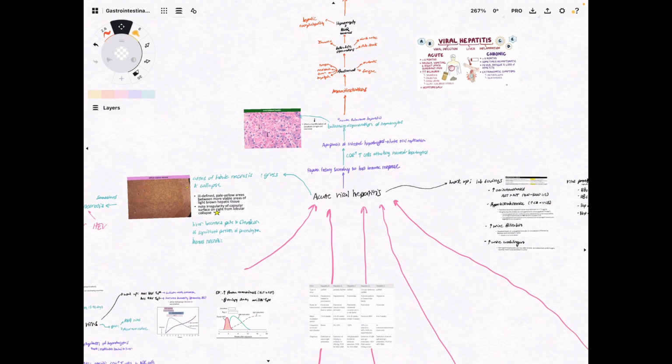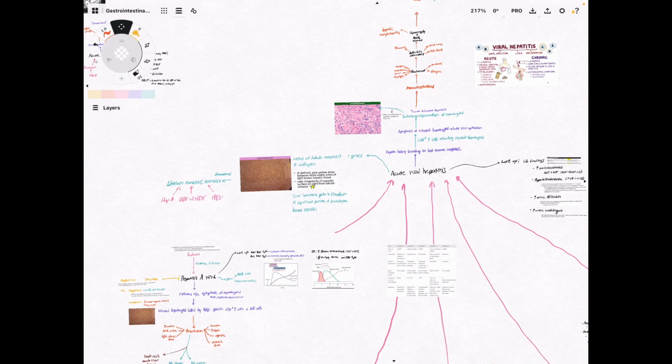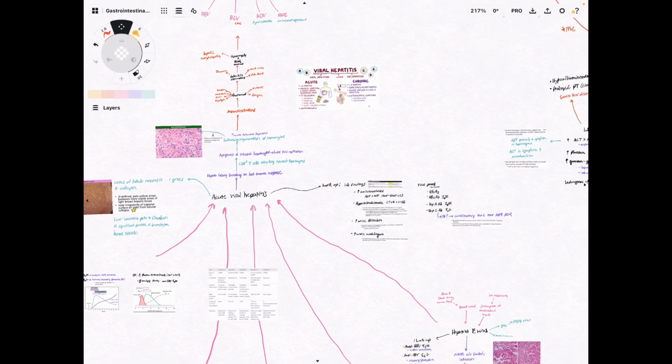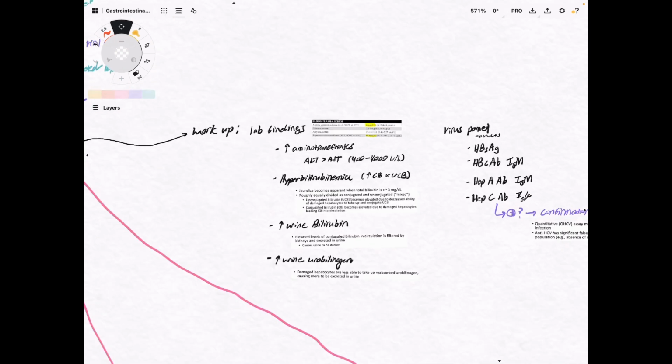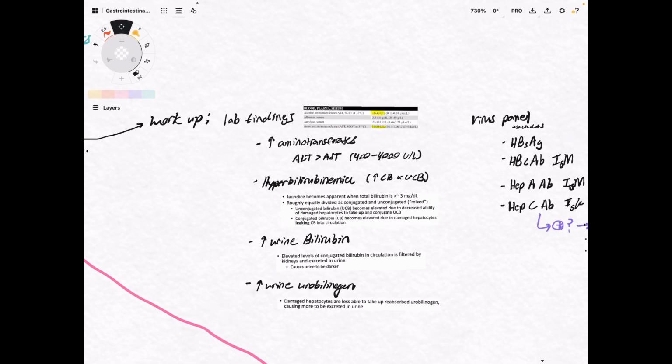All right, so now let's move down here and talk about some general lab findings we'll see with viral hepatitis. First thing you want to be aware of is the aminotransferases. These are just markers of liver hepatocyte injury.